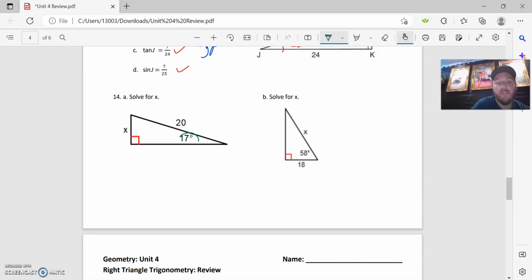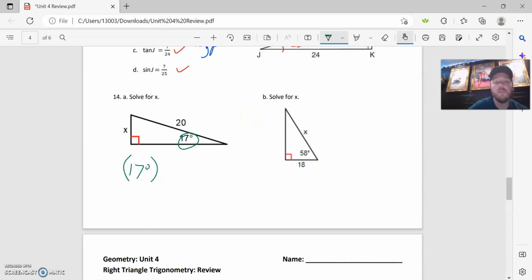When I focus on 17, I can look up in a table, or actually on your calculator, type sine of 17 or cosine of 17. I can get the decimal approximation of the ratio of two sides. So I know 17 is already given, so I'm going to work with 17 degrees.